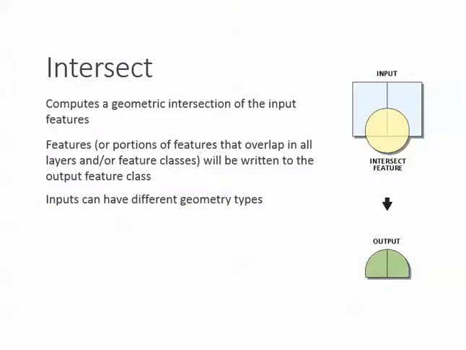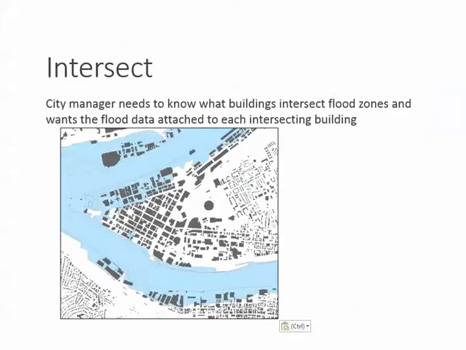So an example of the application of an intersection would be, if a city manager needs to know what buildings intersect flood zones, and wants the flood data attached to each intersecting building. The blue area represents the flood zone, right?